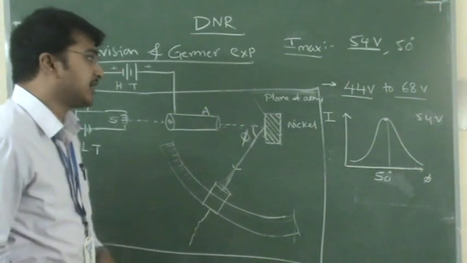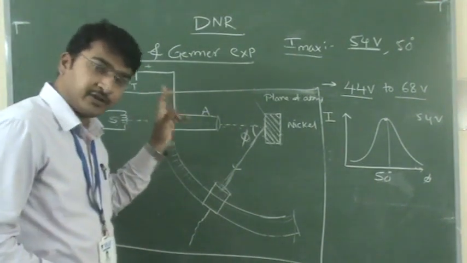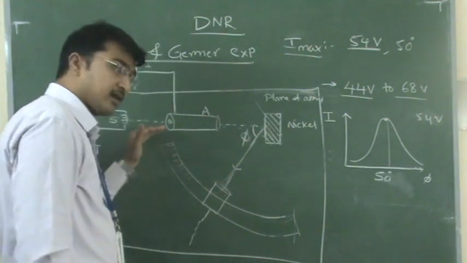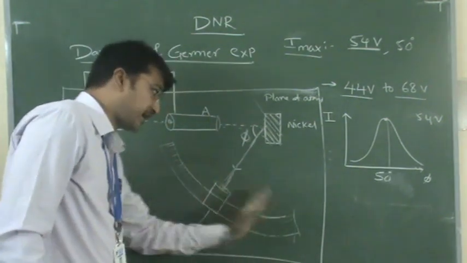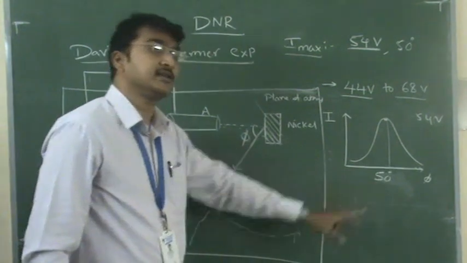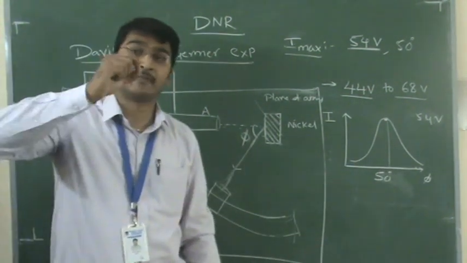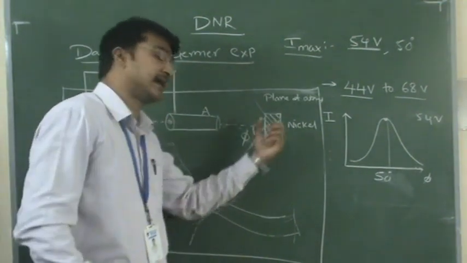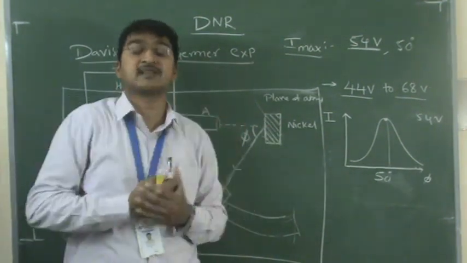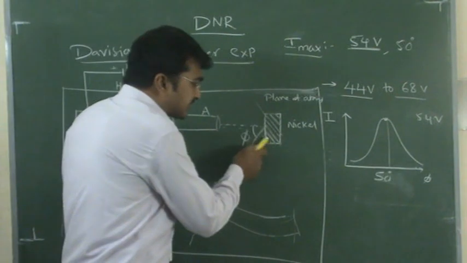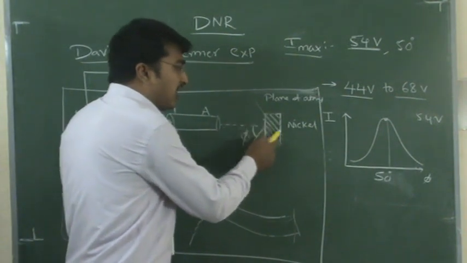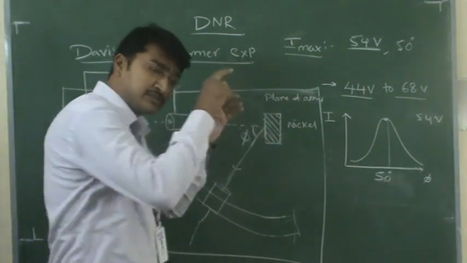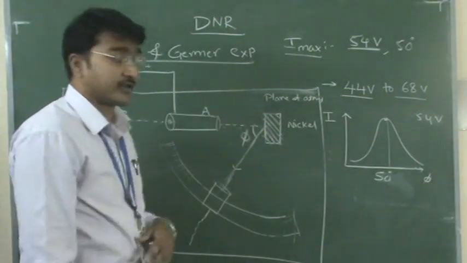Finally they observed that at an operating voltage of 54 volts and a scattering angle of 50 degrees, the maximum or peak value of the intensity of scattered electrons occurs. Why has the peak value come? I said the nickel crystal scatters along the diagonal; the planes of atoms are arranged along the diagonal.